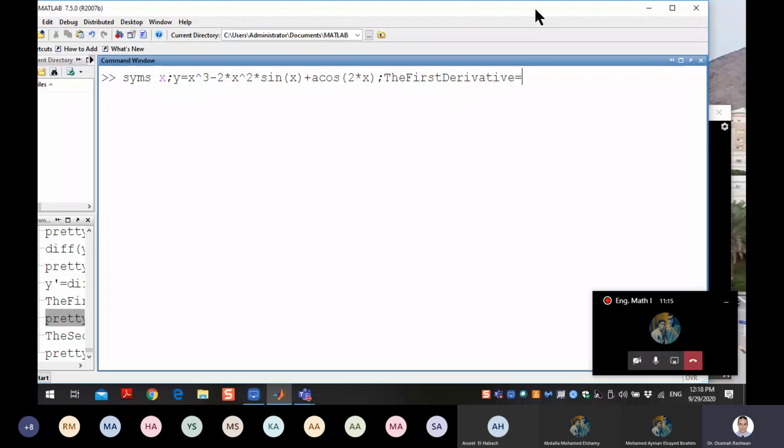This one will be the result of the command diff, for differentiation. Because it is a function, I have to open bracket. diff for y, comma, with respect to what? You are going to differentiate y with respect to what? With x. What is the order of the differentiation? First order, second order? It is the first one. So I call it first one.